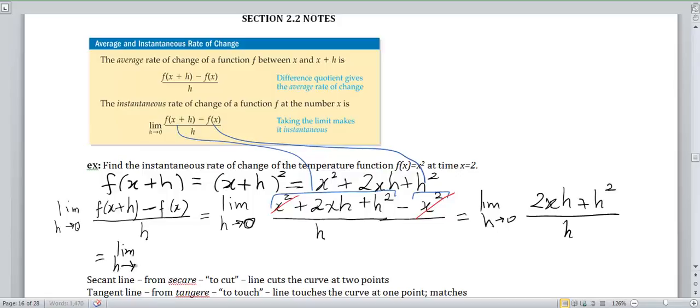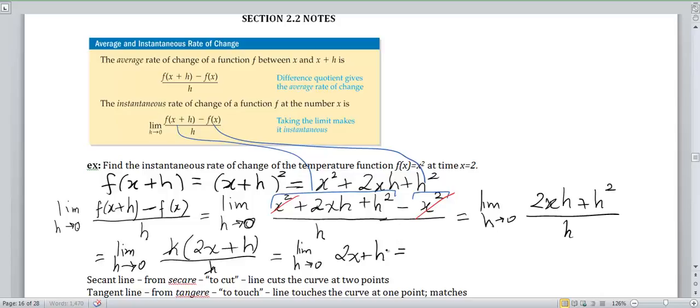We can pull the h out from the top, so you get h times 2x plus h divided by h, and the h's are gone, and you're left with the limit as h goes to 0 of 2x plus h.